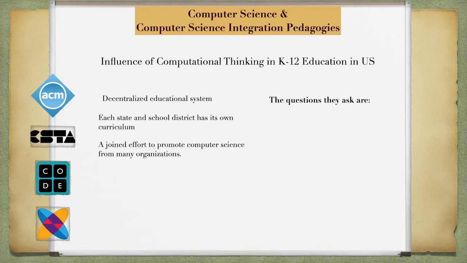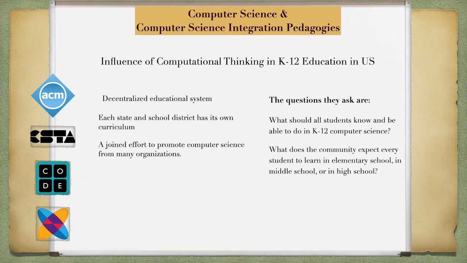The questions they ask are, what should all students know and be able to do in K-12 computer science? What does the community expect every student to learn in elementary school, in middle school, or in high school, and why?